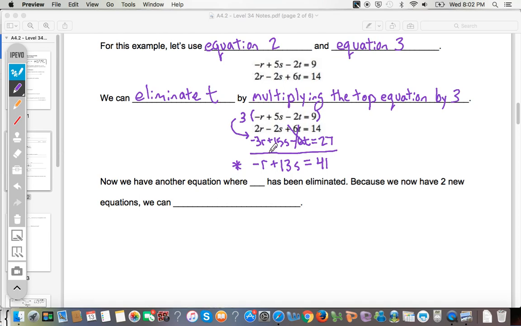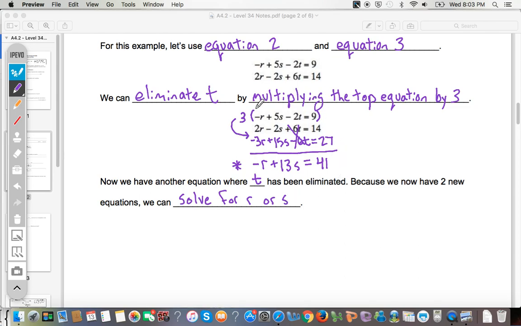So now we have another equation where t has been eliminated. Because we now have two new equations, we can solve for r or s. Okay.